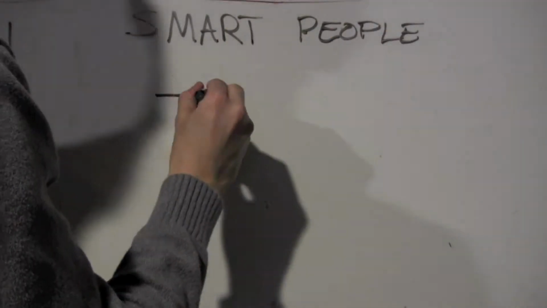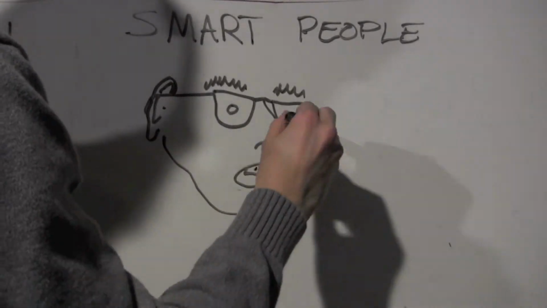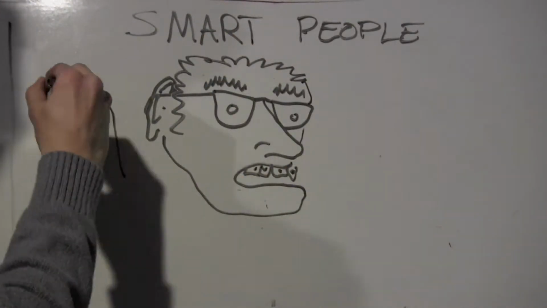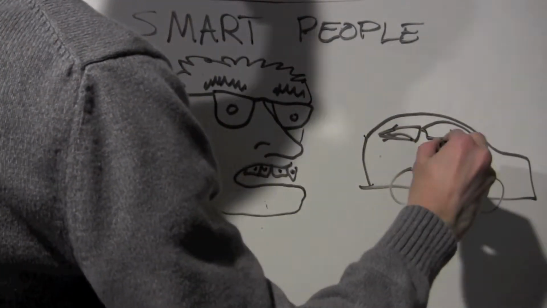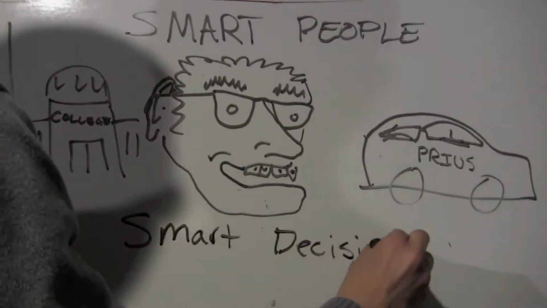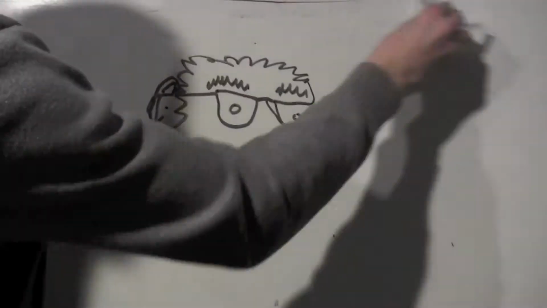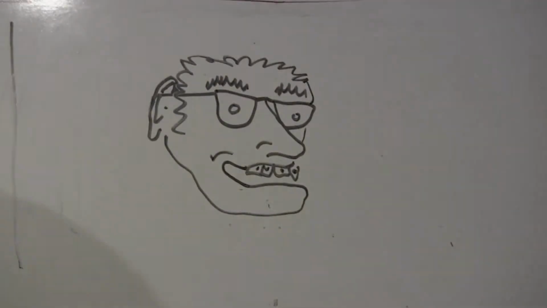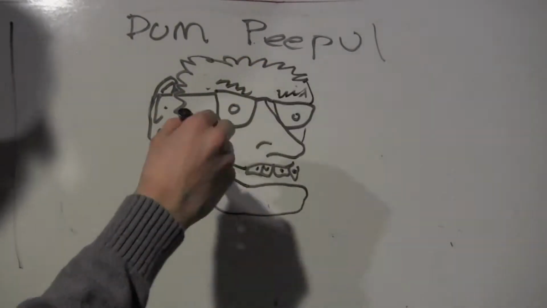Now, smart people may make decisions like going to college or buying an eco-friendly car. These are normally decisions that lead to good outcomes. In other words, smart people make smart decisions. Now, dumb people, on the contrary, do not make smart decisions.